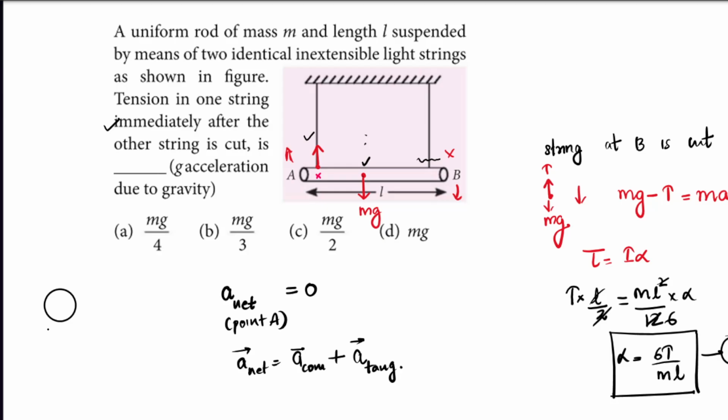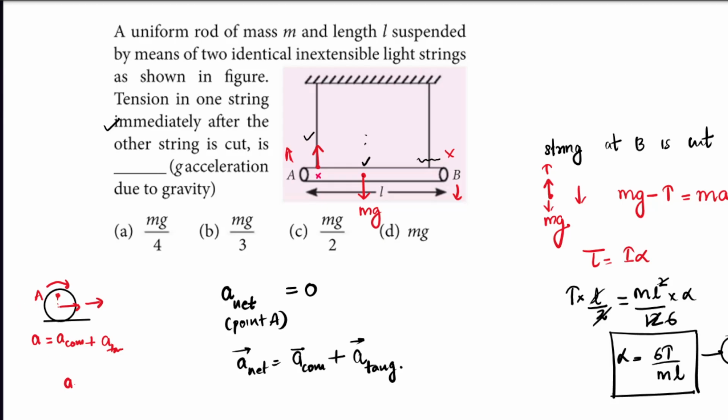In rotation, you have studied this. For example, if you consider a disk rolling, or a sphere rolling, moving in the forward direction as well as rolling, then for any point, let's say point A, the net acceleration is given by the acceleration of the center of mass, which is the overall acceleration of the disk in the forward direction, plus the tangential acceleration of that point with respect to the rotation.